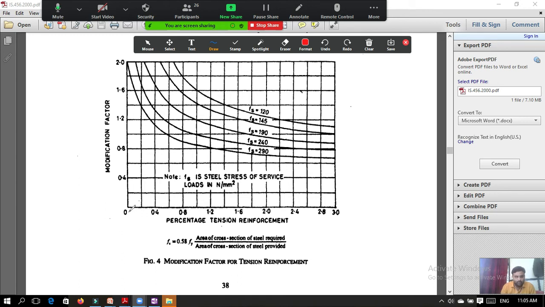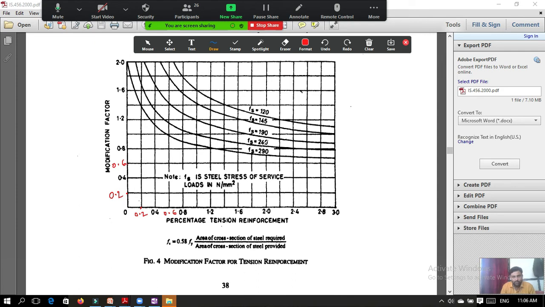Now if you see here, percentage of steel, whatever given reinforcement, 0, 0.4, 0.8, 0.2 means this middle value is nothing but 0.2. Here if 0.4 is there, then this middle value is 0.6. In this way this graph is given. Here 0 to 0.4 is there, so this middle value is 0.2. And this middle value is 0.6 for modification factor.